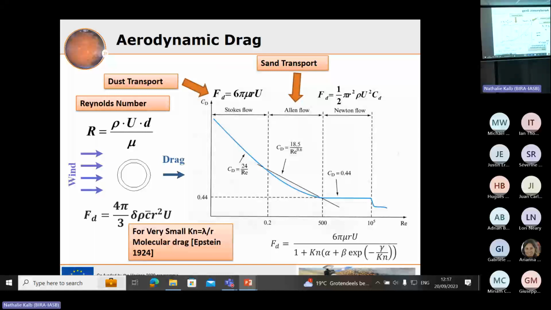And the super weird thing about this viscous regime, often called Stokes flow, is that it's independent of pressure or density. So that's super weird. It means you change the density, but the drag is the same at the same speed. It's very counterintuitive.